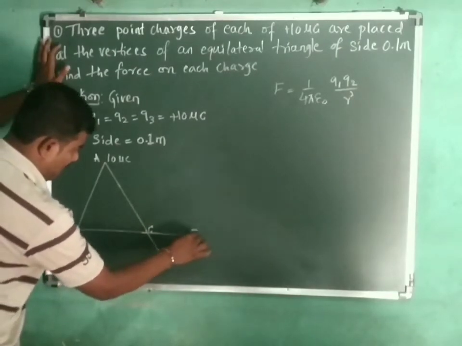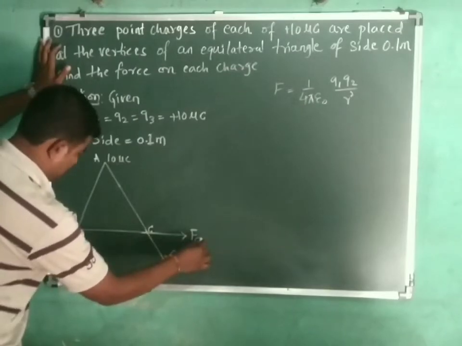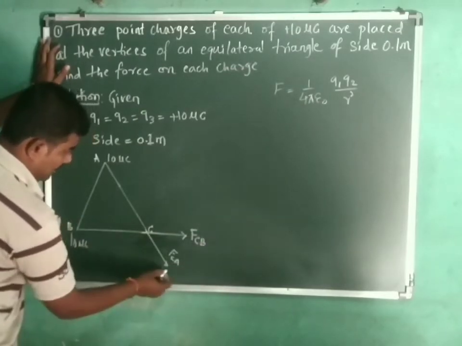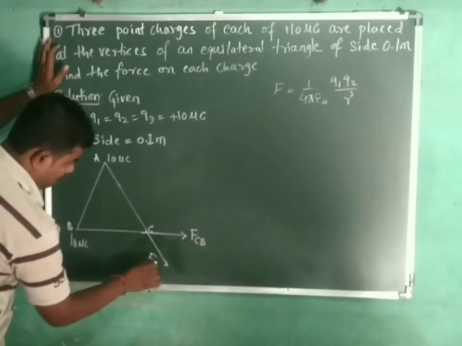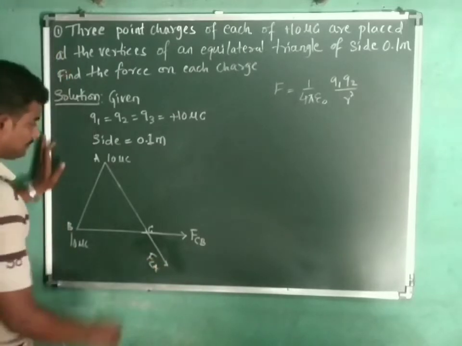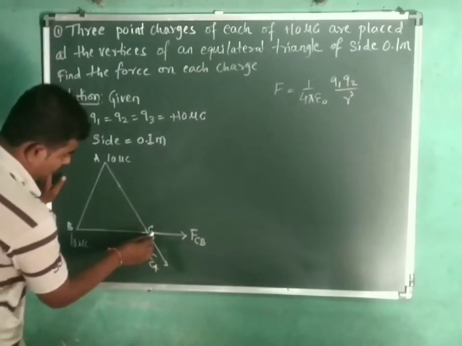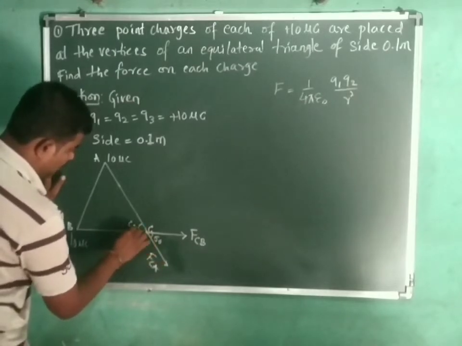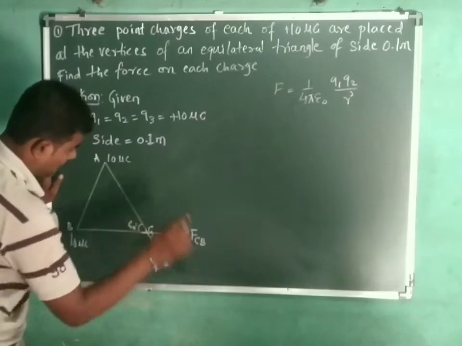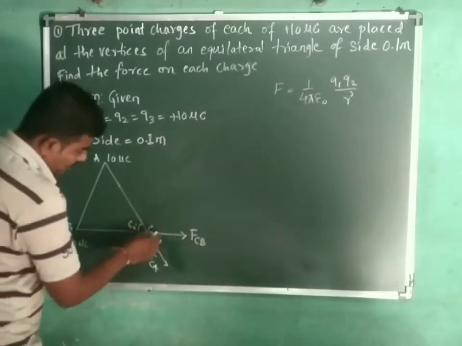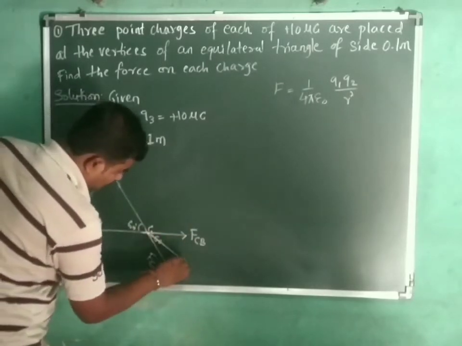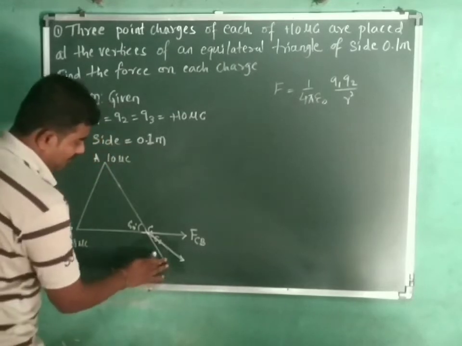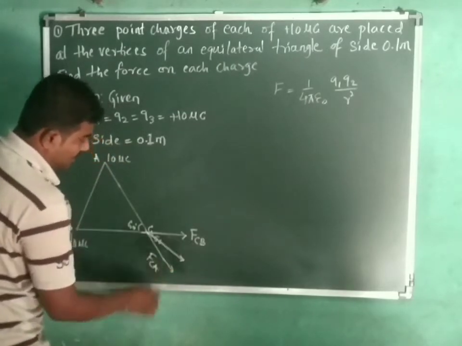This is F on C due to B, and this is FCA. And this angle is how much? This angle is going to be 60 degrees, because this is also 60 degrees. And the resultant of these two will be in this direction. So let us find out FCB and FCA.